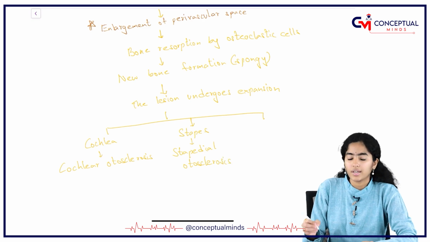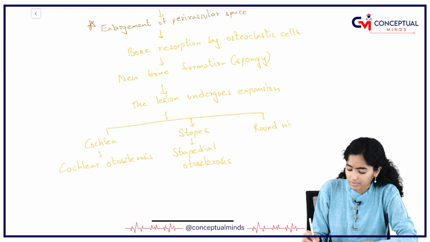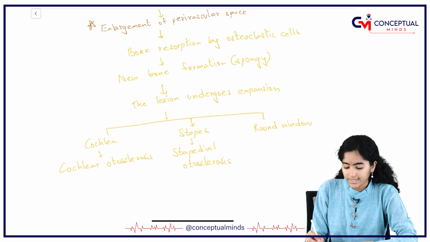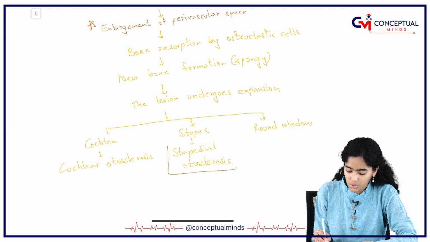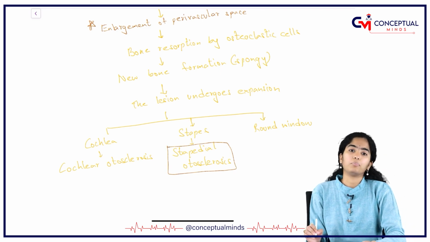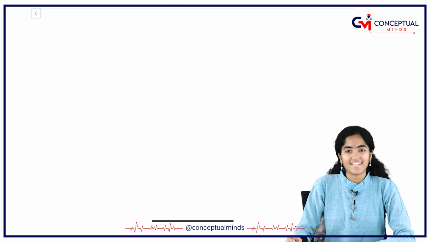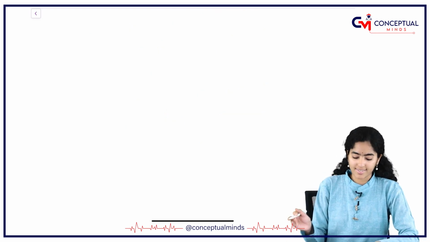And sometimes it can involve the round window also. There is no particular name for that. But these are the three things that can happen, and out of which stapedial otosclerosis is very, very important.